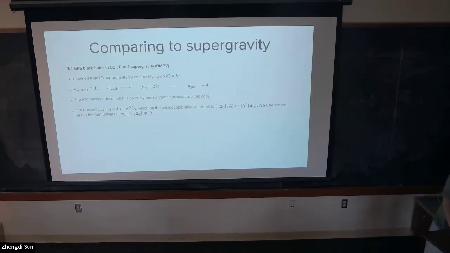And in this case, the relevant scaling is such that the area scales with lambda to the 3/2. On the microscopic side, it translates to delta 0 scaling with lambda squared, while delta scales linearly with lambda. And so in this case, we are in the non-universal regime, where delta 0 is parametrically larger than delta.